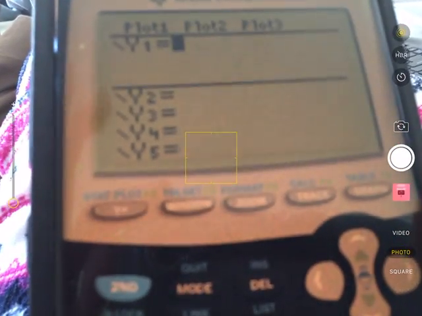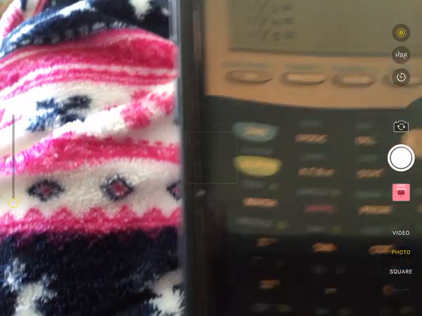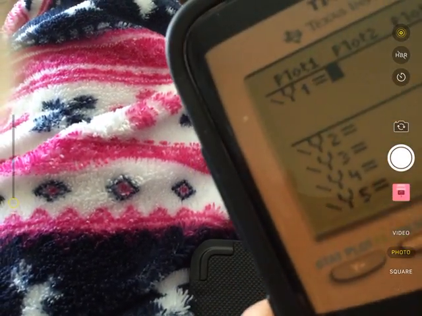So you're typing 4x minus 3. This is impossible. I'm not going to do it. Type into your y equals 4x minus 3, okay?